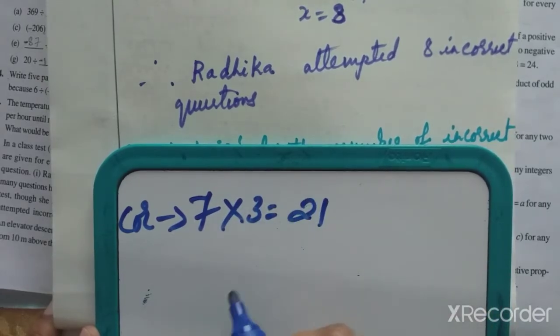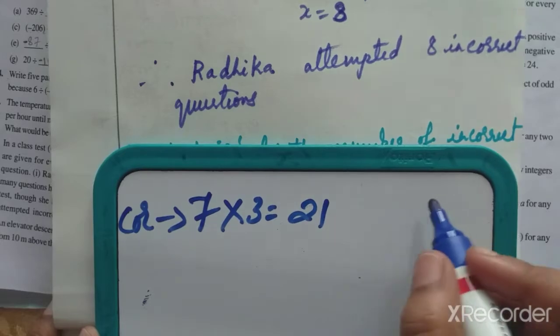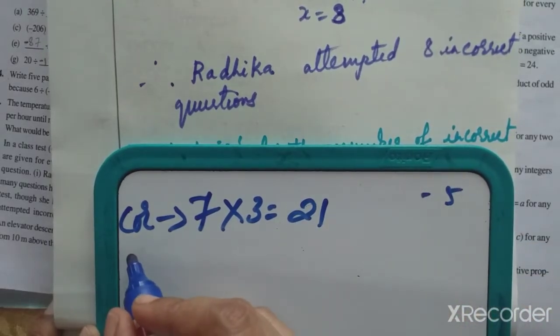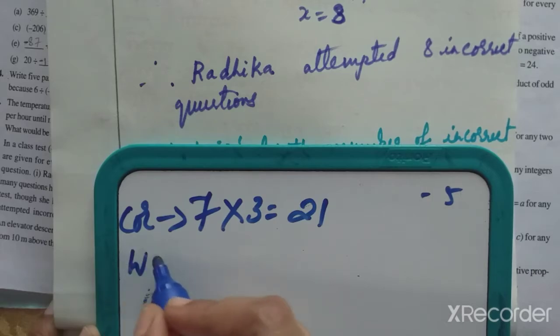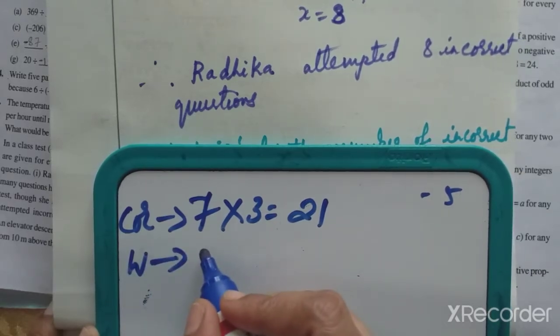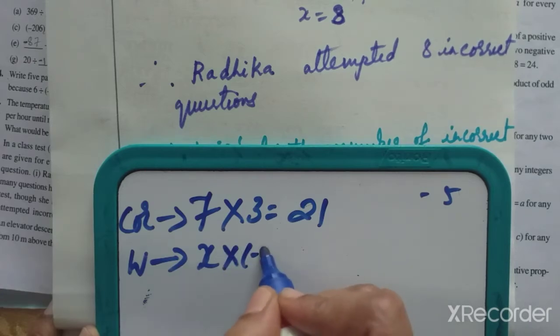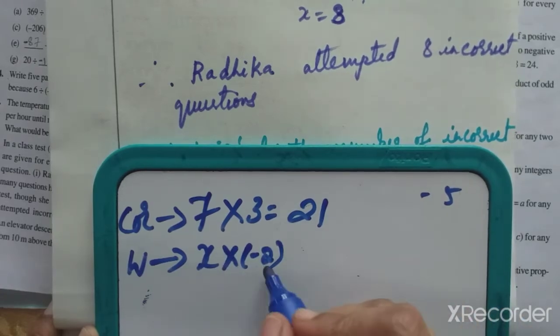She should get 21 marks, but she got minus 5. Minus 5 means some questions are wrong. Let x be the incorrect questions, into minus 2 for each question.